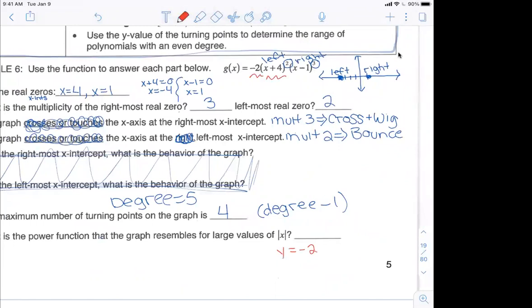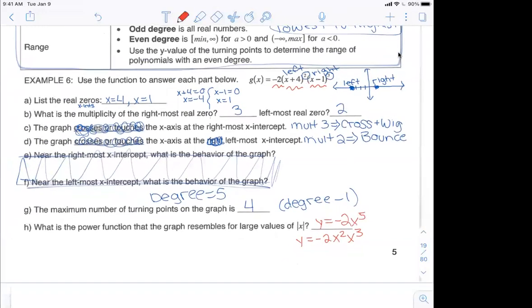This section here would give you an x squared. And this section here, if you multiplied out, would give you an x cubed. So altogether, if you multiplied this polynomial out into standard form, your leading term would be y equals negative 2x to the 5th. Again, you don't actually have to multiply it out. If you think about the leading term for each part and put those parts all together, you will have your power function right there.